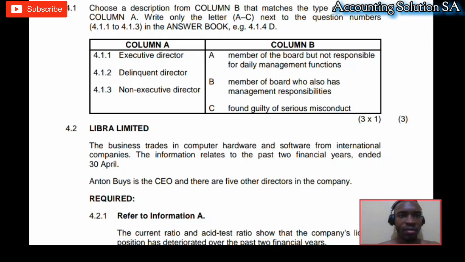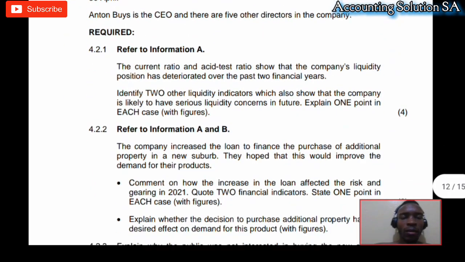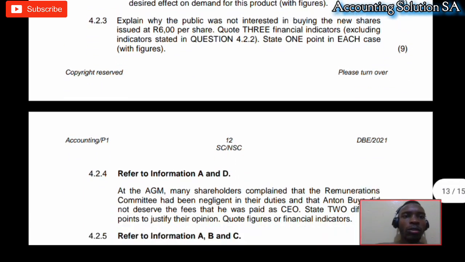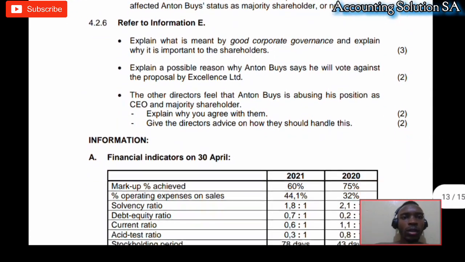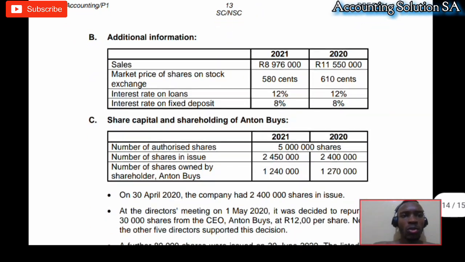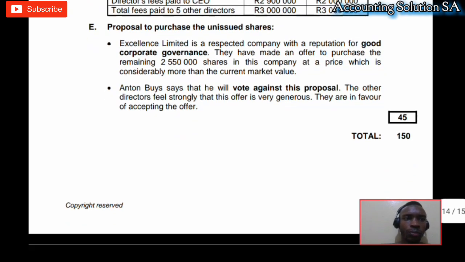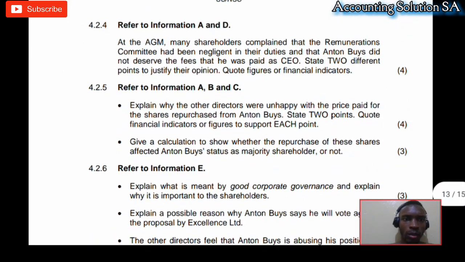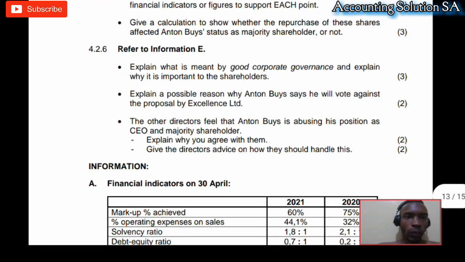This one is executive director. Then the last one, of course, is delinquent director, that has been found guilty of serious misconduct. Okay, let's move on. This is the information that you are going to use to analyze all those questions that they're going to ask.